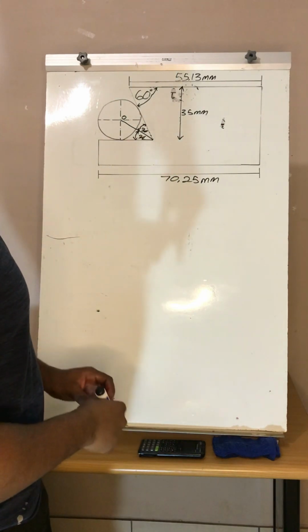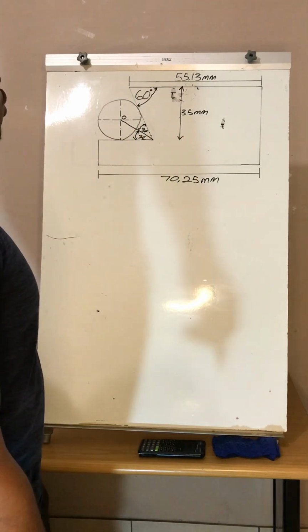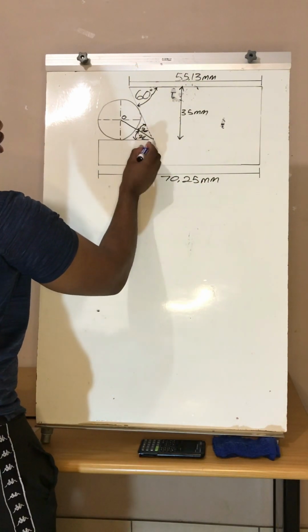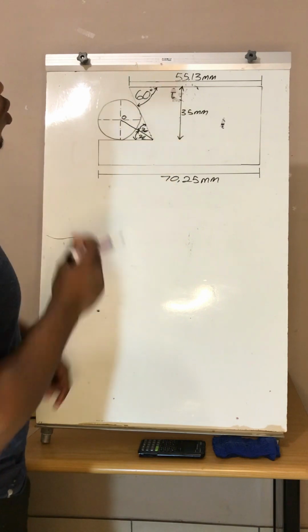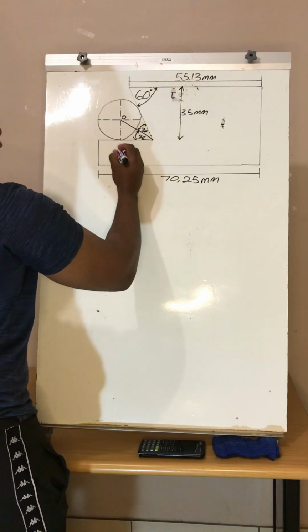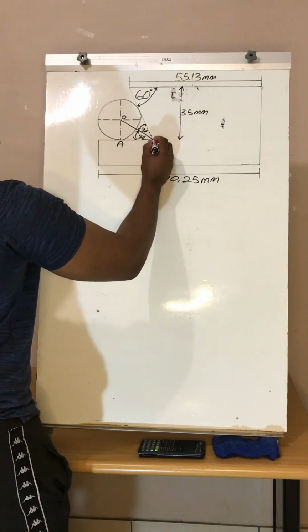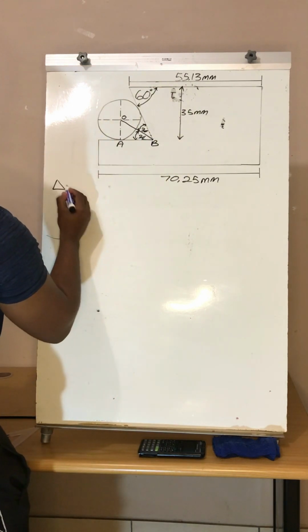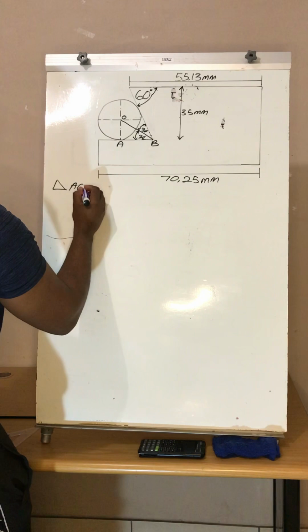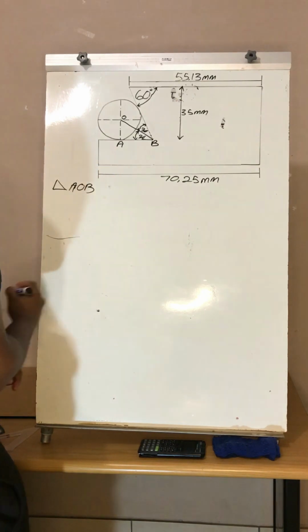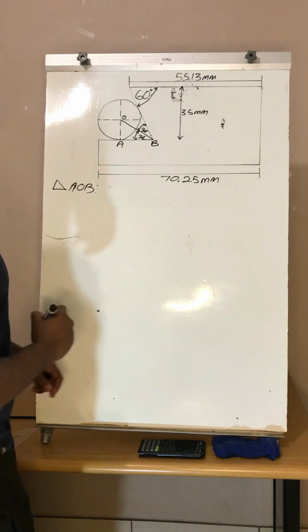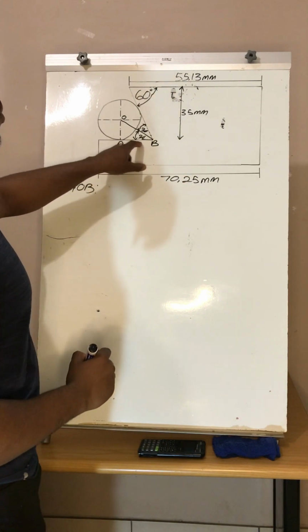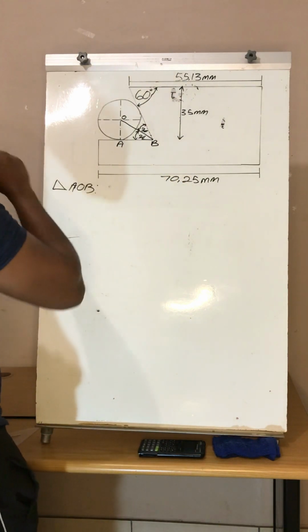Okay, so having this, we will label our triangle. We have a triangle here with center O. So let's say this is A and this is B. In triangle AOB, we want AB.